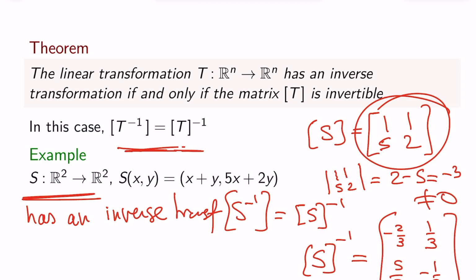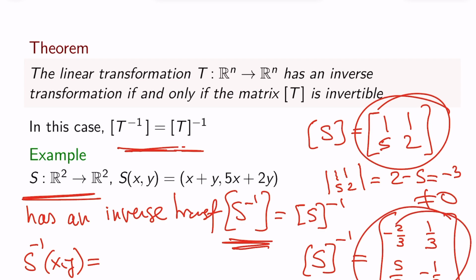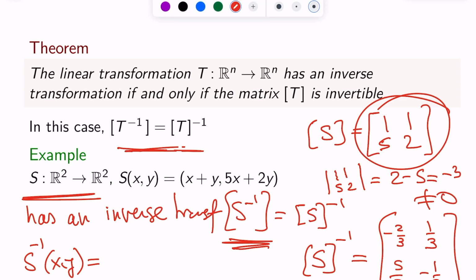So having calculated then the matrix associated to the inverse transformation, we could say then that the inverse transformation takes an x, y and does what? Well, multiply it by this matrix. So we just put here an x, y, right? And we do the multiplication.